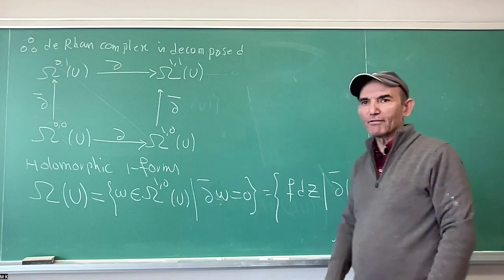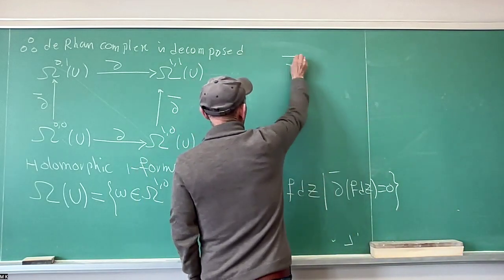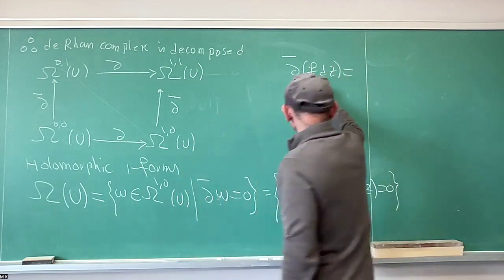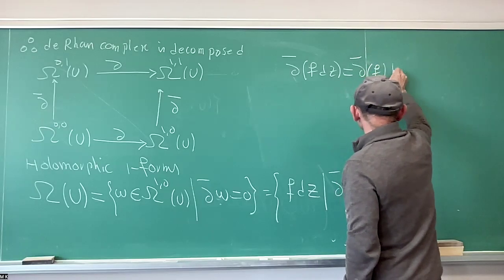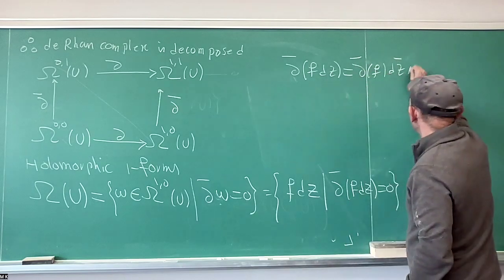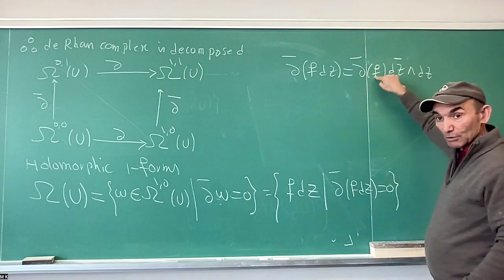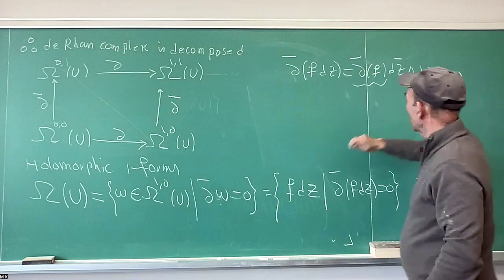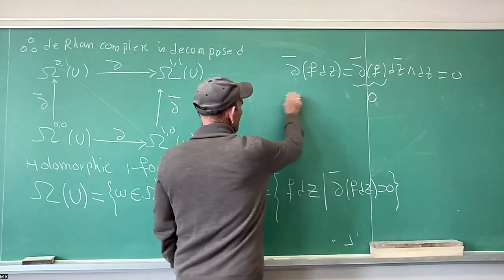Now, what is del bar of f dz? By our rules, this should be del bar of f, dz bar wedge dz. Because this is a basis, if this is going to be 0, it means that del bar of f has to be 0.